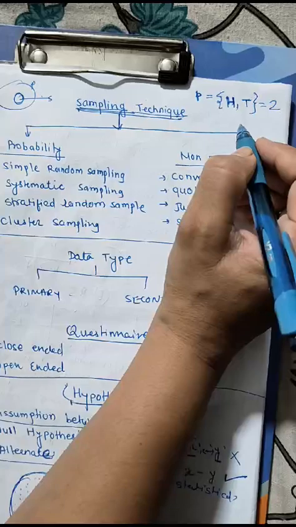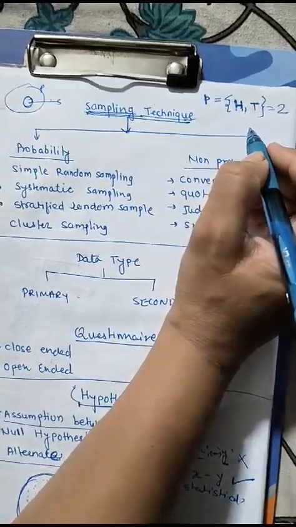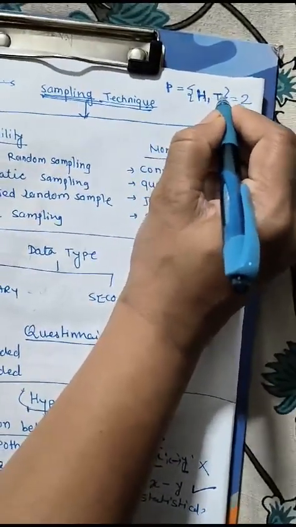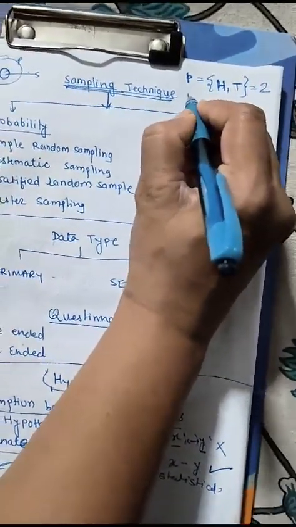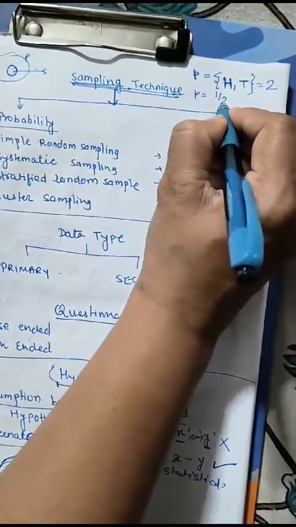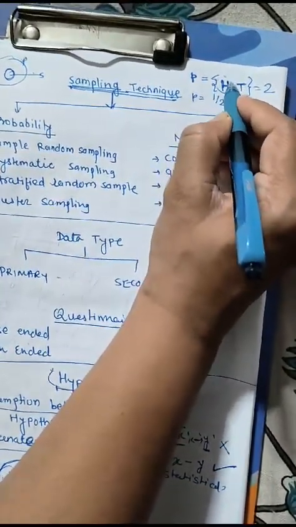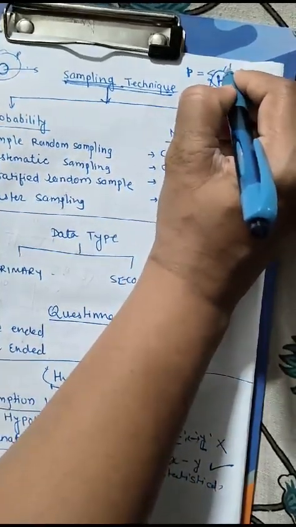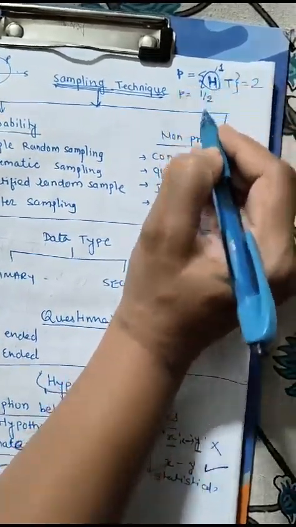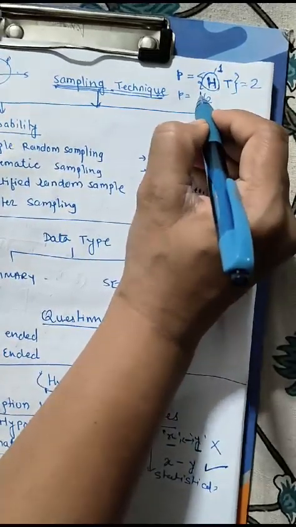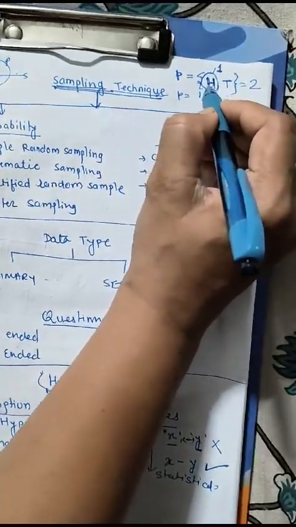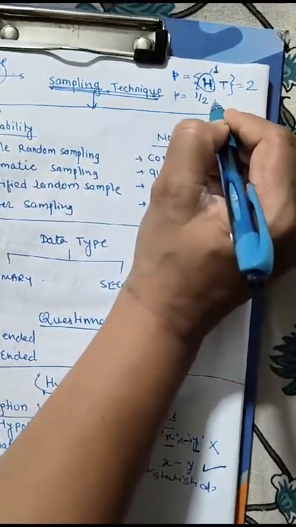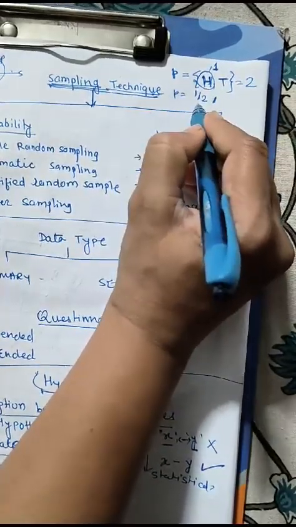If we want a head on tossing a coin, the probability will be 1 by 2, because there is one chance out of 2. So the probability of getting head on tossing a coin is 1 by 2. This is the concept of probability.